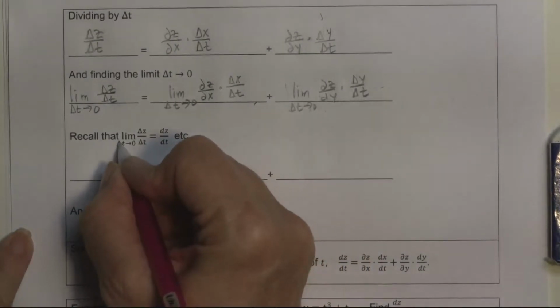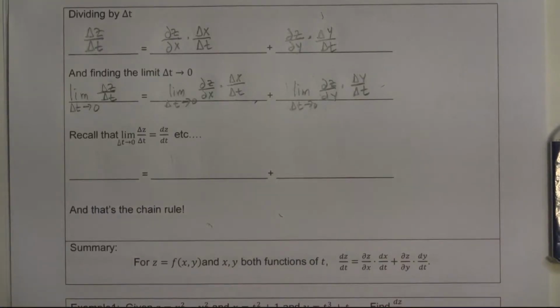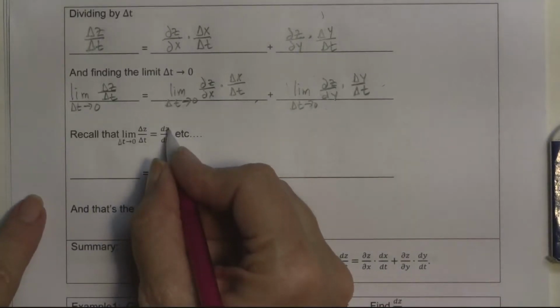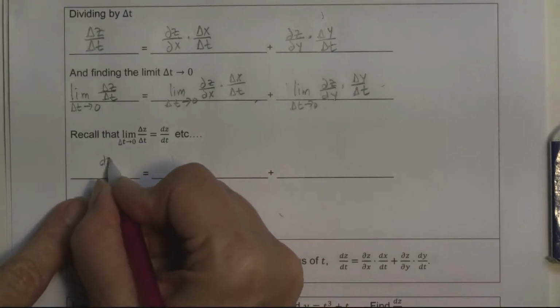This should have been delta t right there, and it was driving me crazy. And so this is equal to dz dt we had.